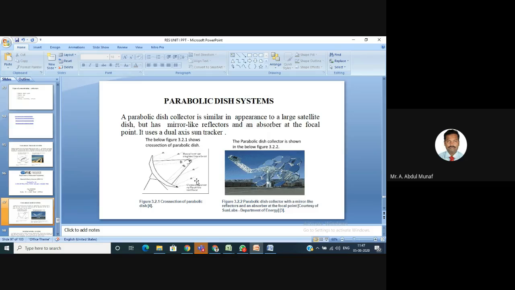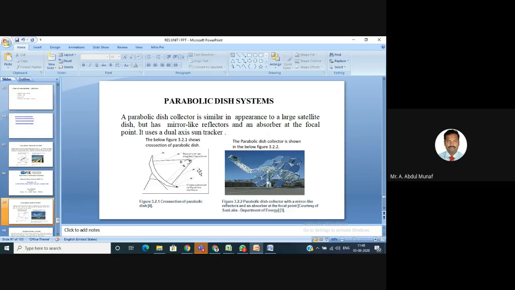The main difference from the parabolic trough collector is that a parabolic trough collector moves in one direction, a single axis direction only, east to west or west to east.